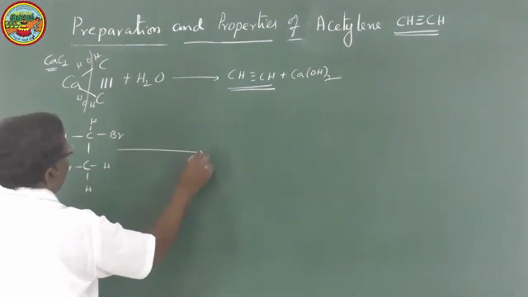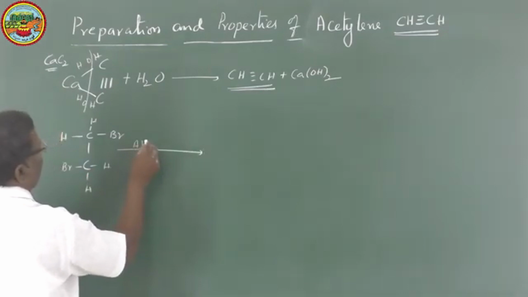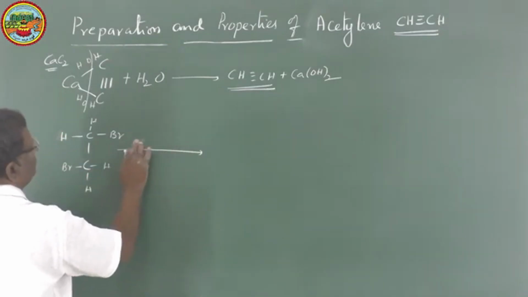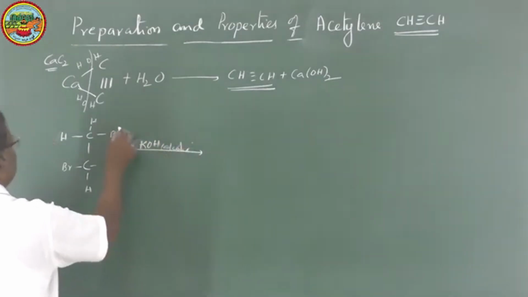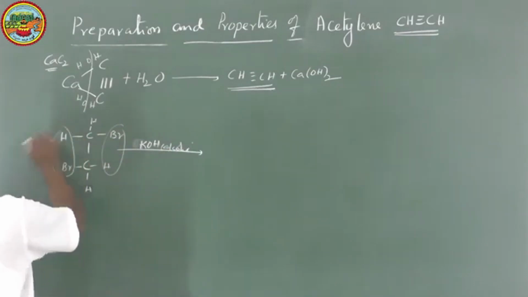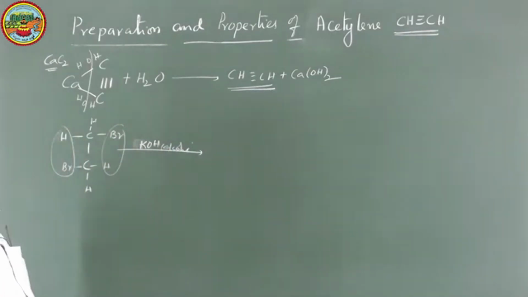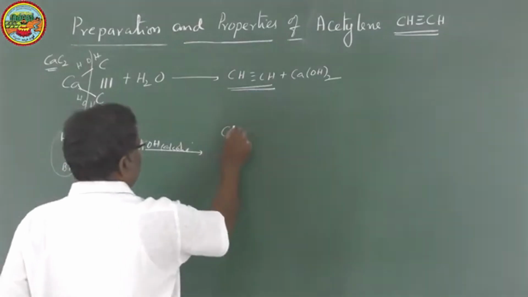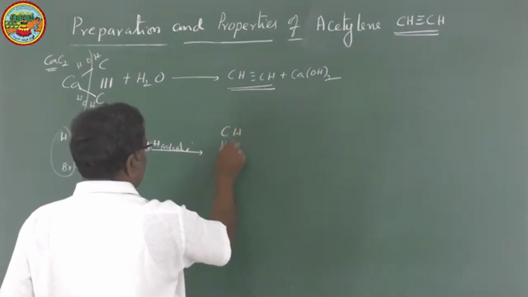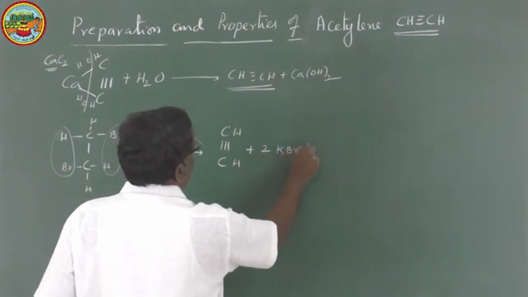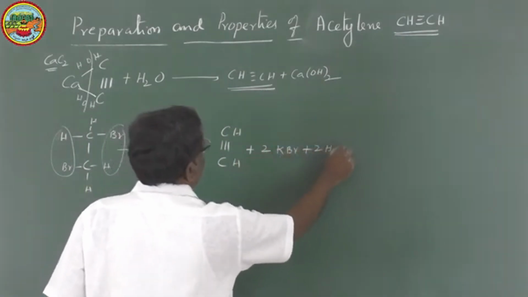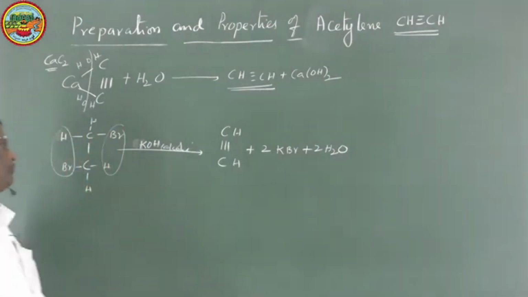When we react it with alcoholic KOH, two HBr molecules from adjacent carbon atoms will be removed to form acetylene: CH triple bond CH plus 2 KBr plus 2 H2O. That was 1,2-dibromoethane.